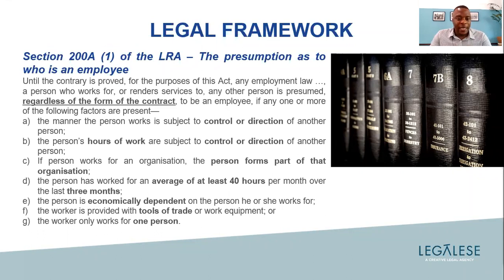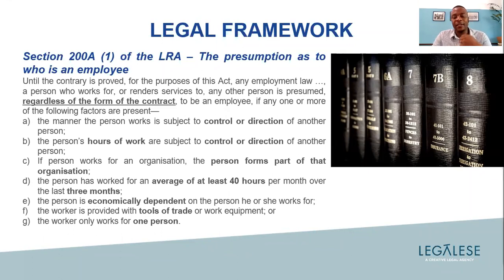The fourth one, if the person has worked for an average of at least 40 hours per month over the last 3 months, the presumption will apply. And the fifth one, if the person is economically dependent on the person they work for, the presumption also applies in that respect.